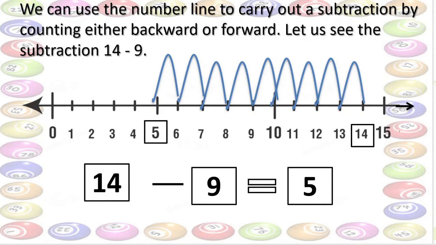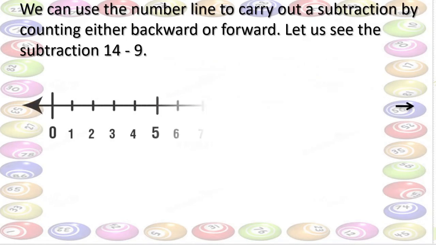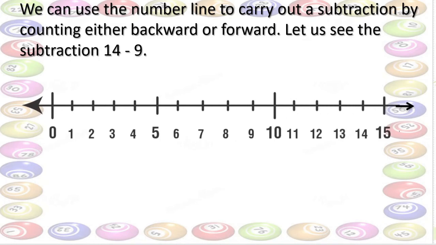Right? 14 minus 9 is equal to 5. Yes. Same sum we will take. Okay. And we will use counting forward method. See what is here? 14 minus 9. Okay. Means from 9 we have to count forward up to 14. And we have to count how many steps we covered.